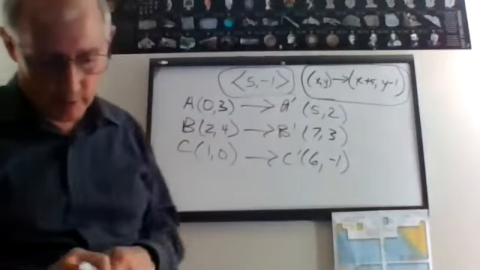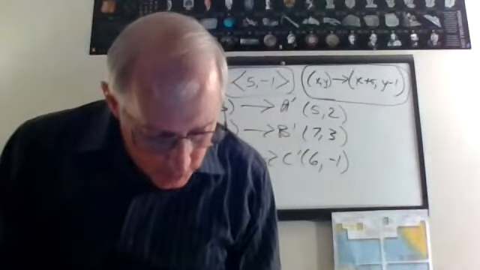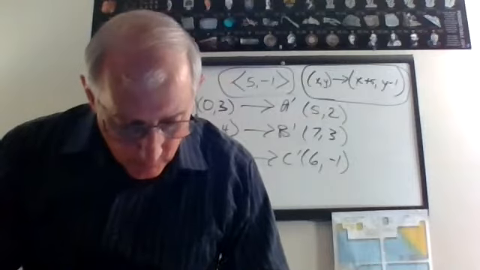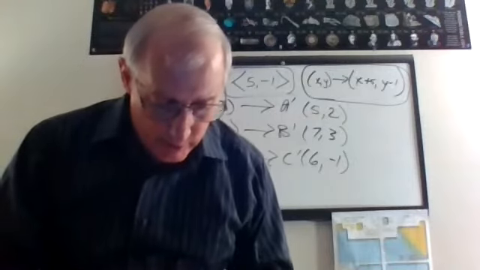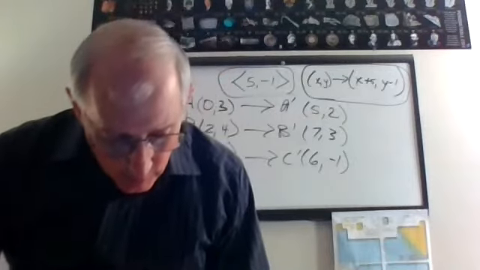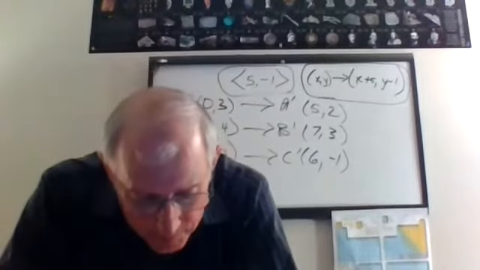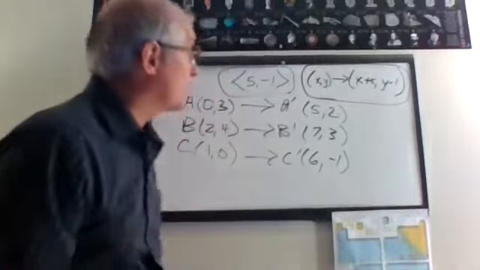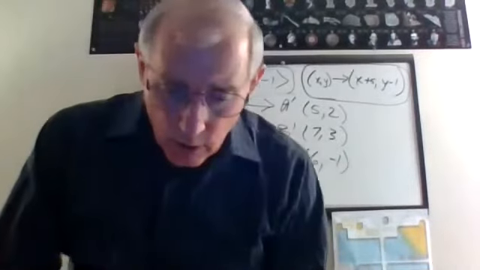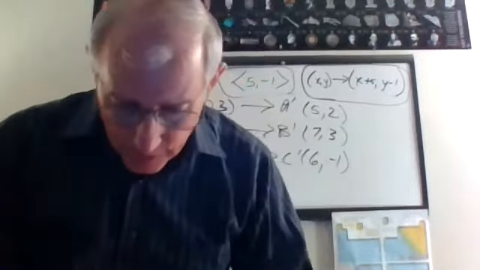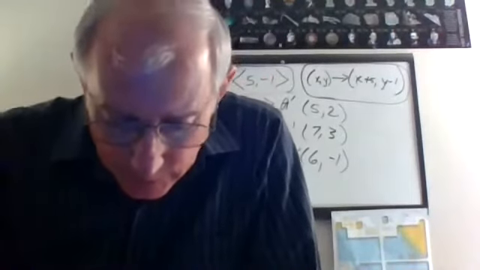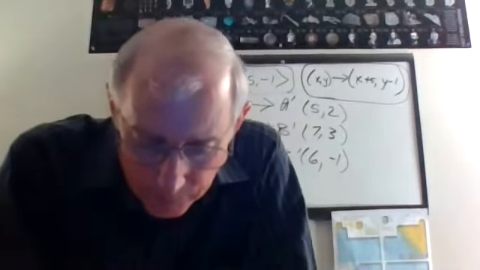Now, does it want you to plot them? If you plot them, it'll look just like the picture on 574. The original triangle is ABC, and then the image in red is A prime, B prime, C prime, and you can see that I got those points correct. Okay, number 4, on top of 575, name the vector and write its component form.